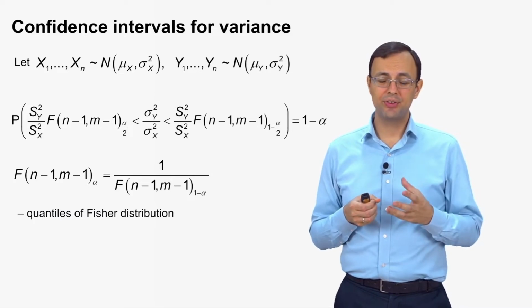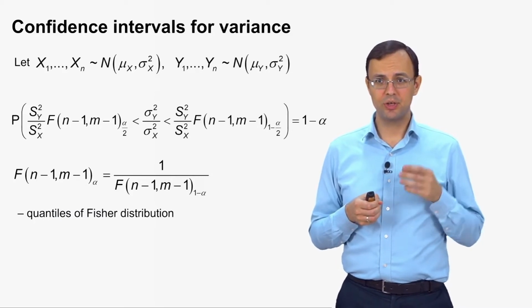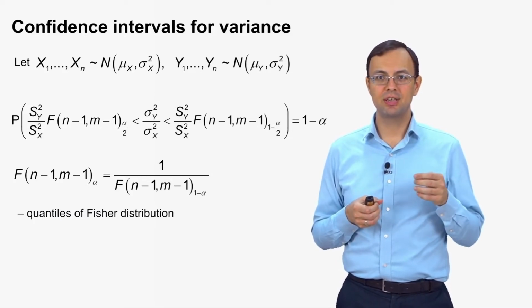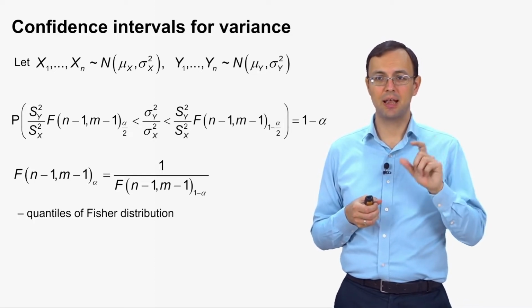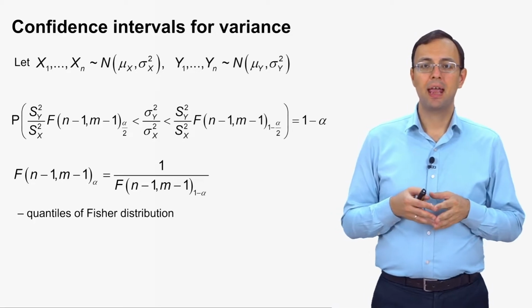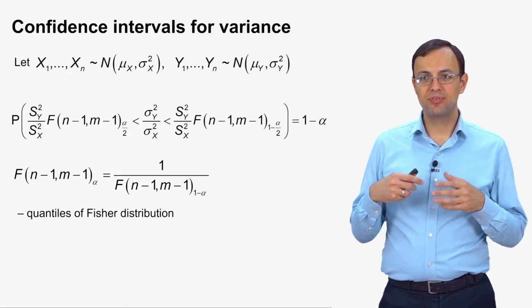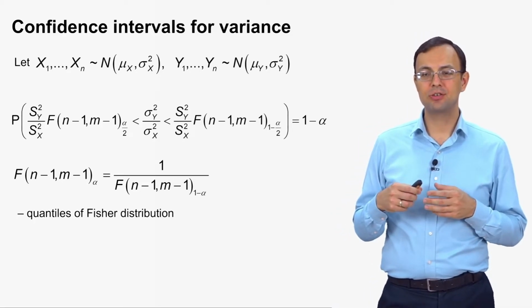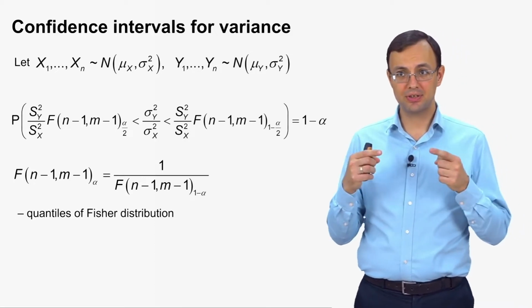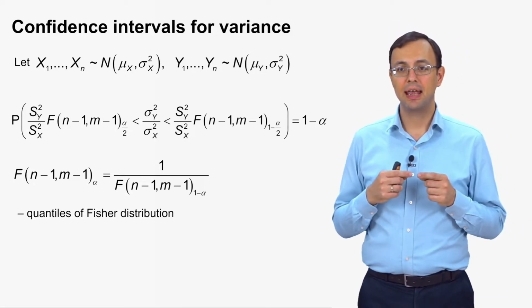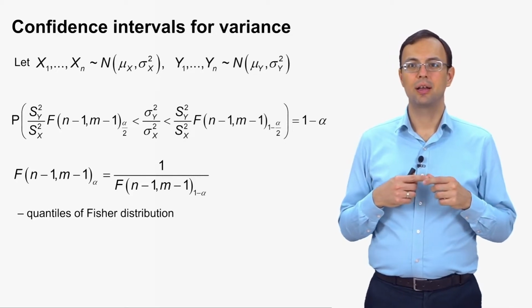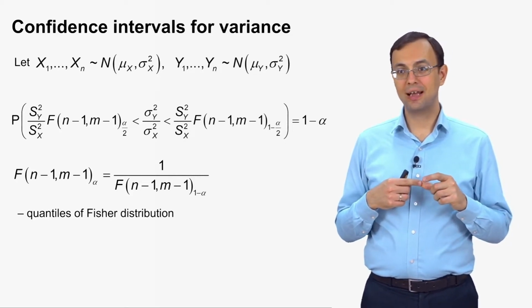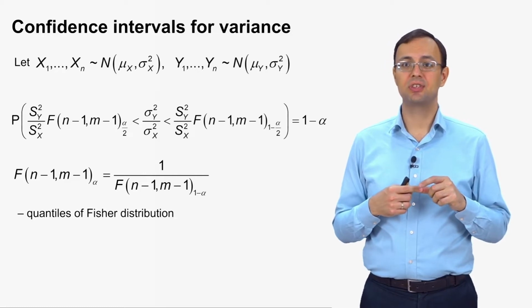Then, when dealing with mean values, we are usually interested in the difference in means, so the difference between μx and μy. And when we deal with variances, we usually try to estimate not the difference of variances, but a proportion of variances, sigma y squared divided by sigma x squared.